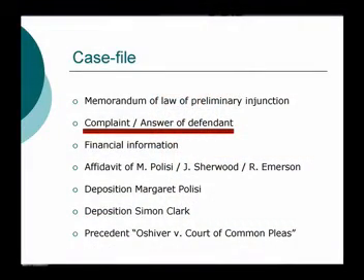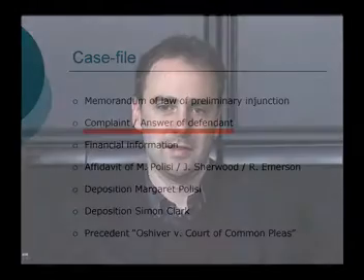If you turn the page, then you will find a copy of a complaint, and if you turn the page even more, you'll find a copy of the answer of defendant. These are the two legal deeds which are typically required to initiate proceedings.